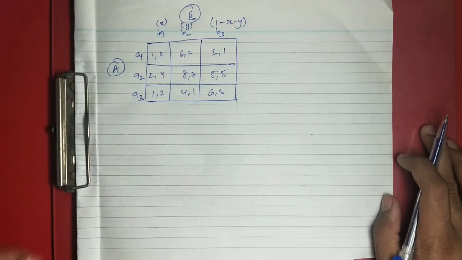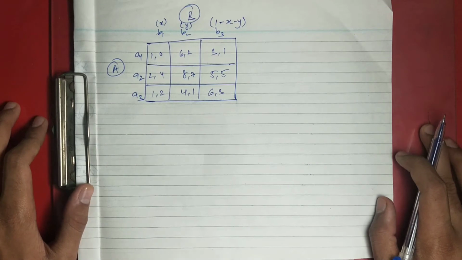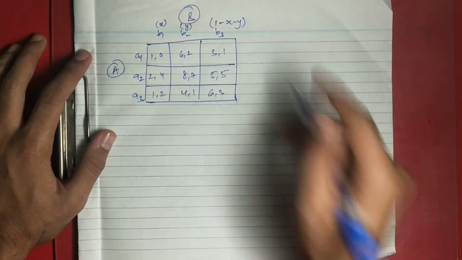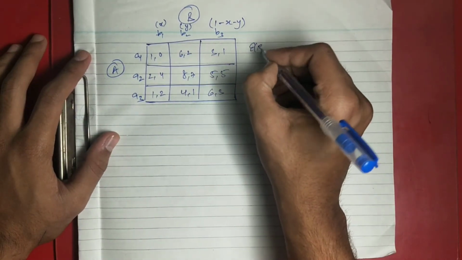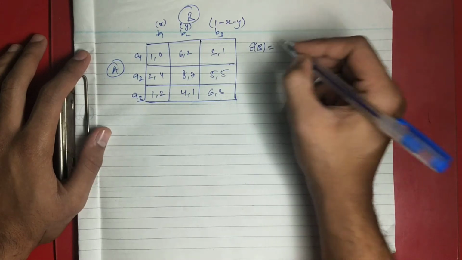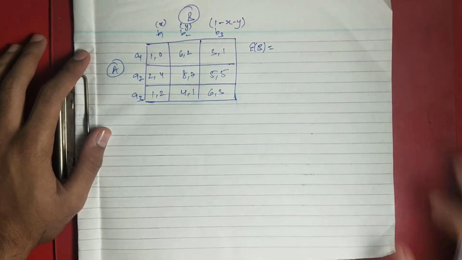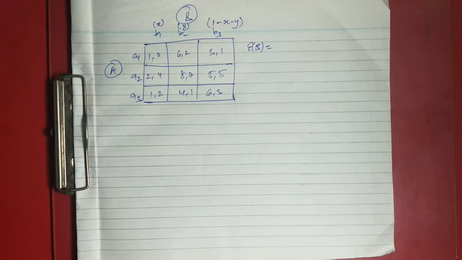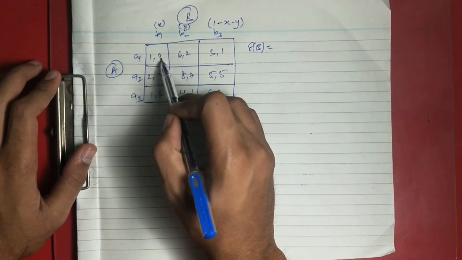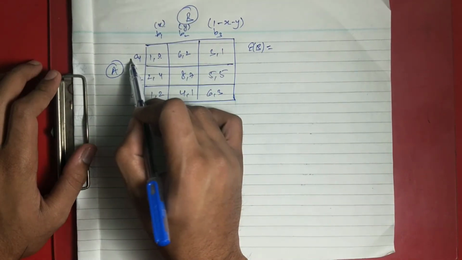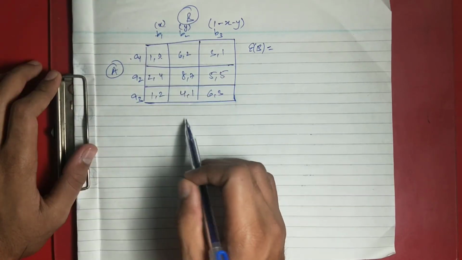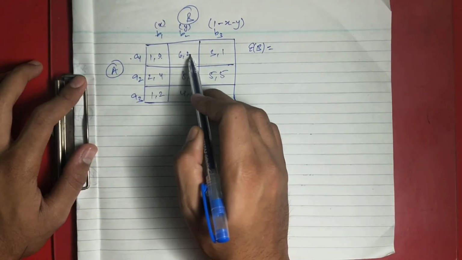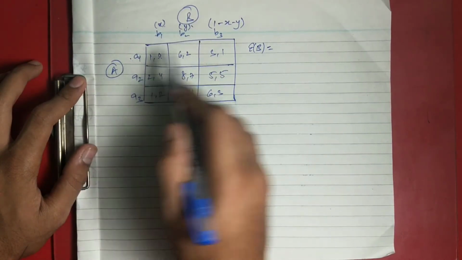So if you write the expected payoff for B, what will it be? You can see it will be 0 into X into this probability, plus 0 into Y into this.